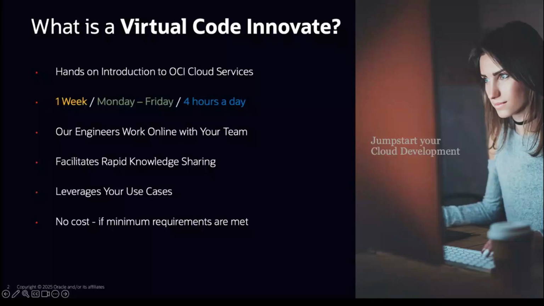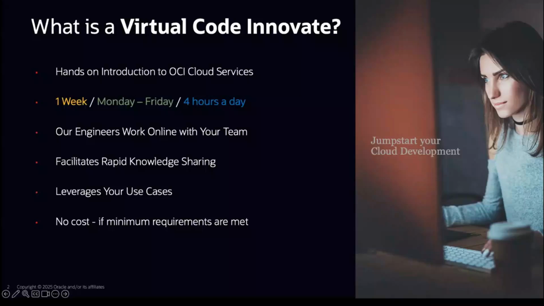We're going to identify different tasks to complete, and we're going to partner with you over the course of essentially half a week to develop a minimally viable product, or an MVP. Whether you are novices in Oracle Cloud, or pros, or you've been using it for a long time, you're welcome to participate. Code Innovate is all about building real solutions for your organization's most pressing business cases that you identify.